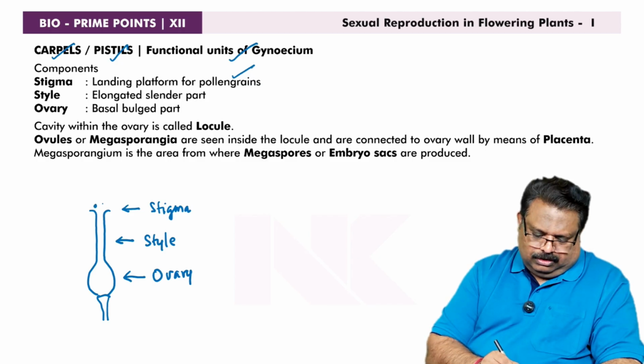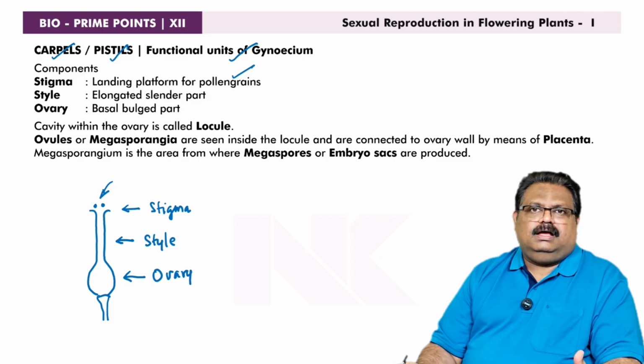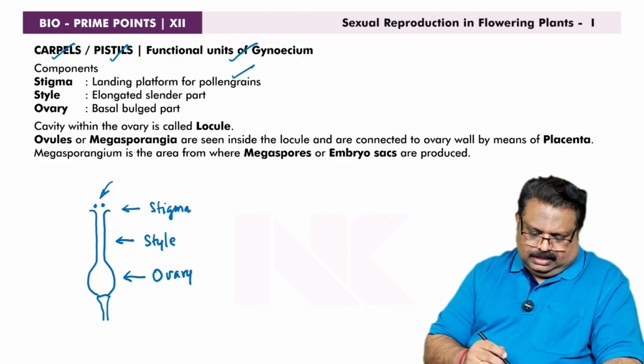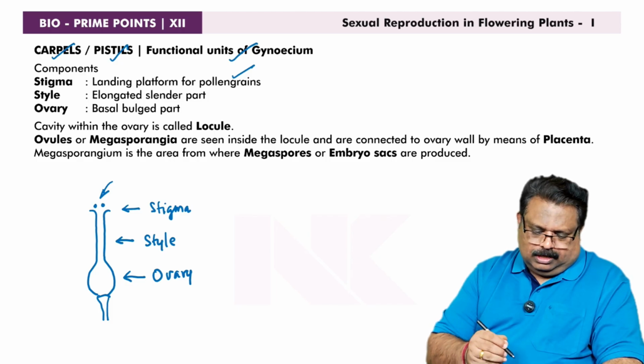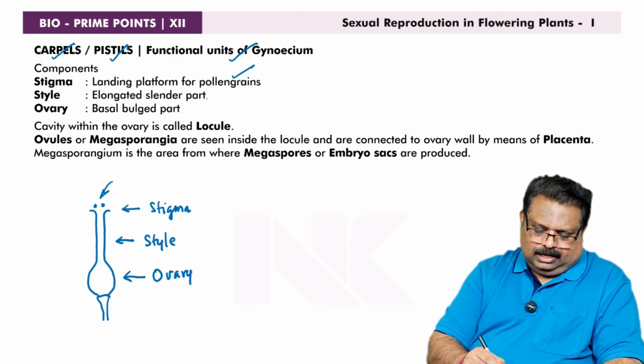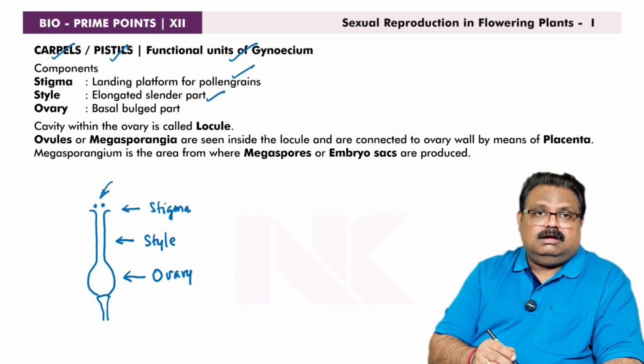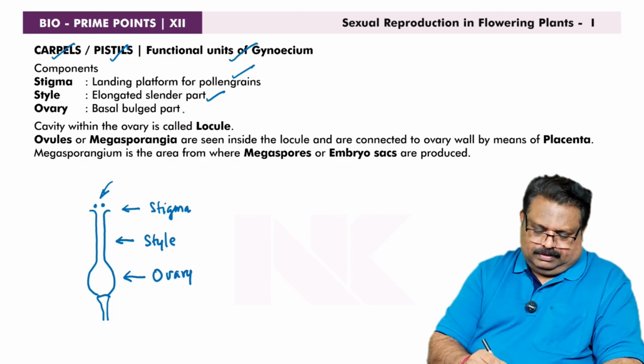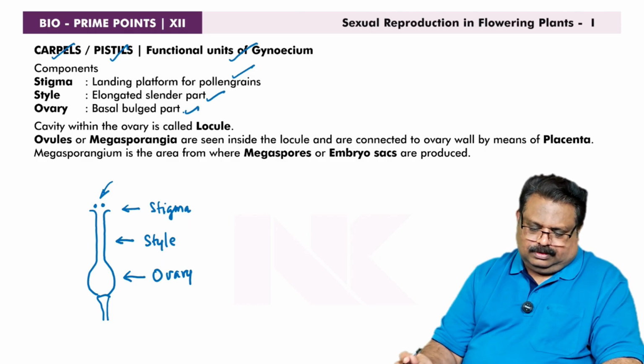Pollen grains fall on the stigmatic surface during pollination, so stigma is a receptive center for pollen grains. Then the elongated tubular portion is called style, and the basal bulged part is called ovary. So three regions are there.